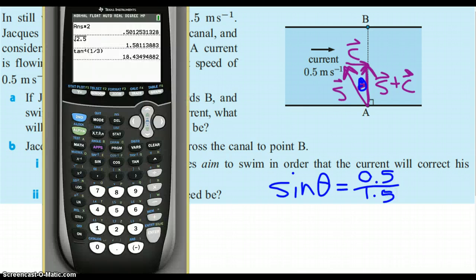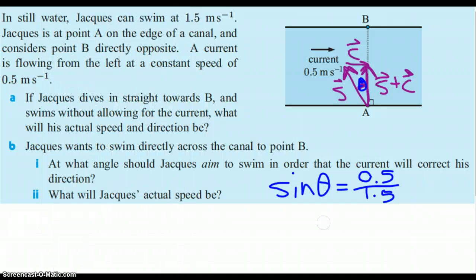Again, I need to use an inverse trig function, so this time inverse sine of 1/3, which is 0.5 over 1.5, and I get 19.47, or we'll round to the nearest tenth of a degree. Theta is 19.5 degrees.